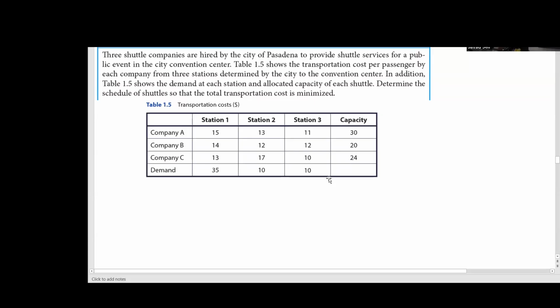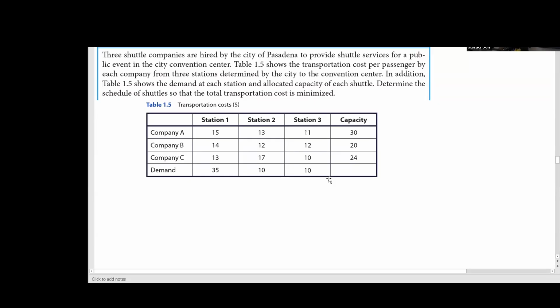Total demand is 55, 35 plus 10 plus 10. Total capacity is 50, 74, but we don't know. We have enough capacity to take them all, but none of those companies single-handedly can take all of them. I need to distribute those passengers between those companies, and I don't know how to do that.